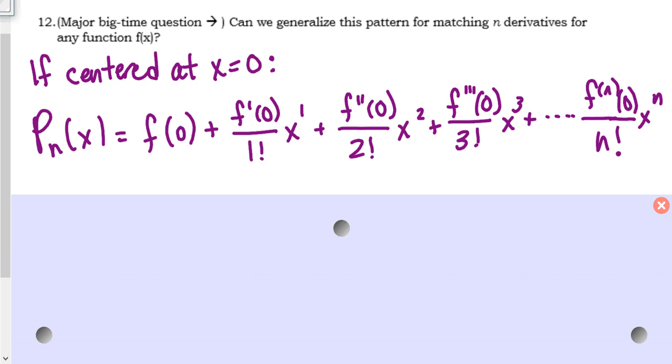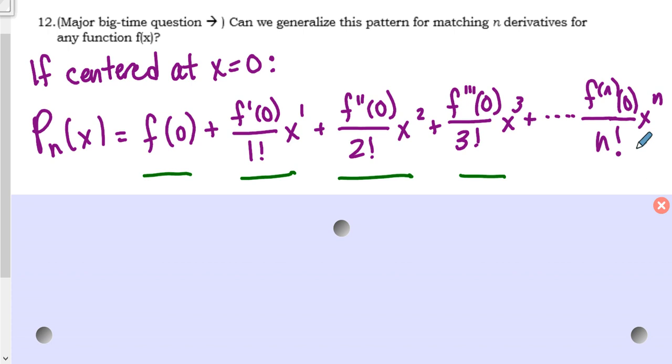So if you are basing everything around x equals 0, which is what we did in all of the examples we just did, then your polynomial that you build starts out with, okay, let's have the function and the polynomial we're building match at 0. Let's have their first derivatives match at 0, so they have the same slope. Let's have the second derivatives match at 0, so they have the same concavity, and so on down the line.